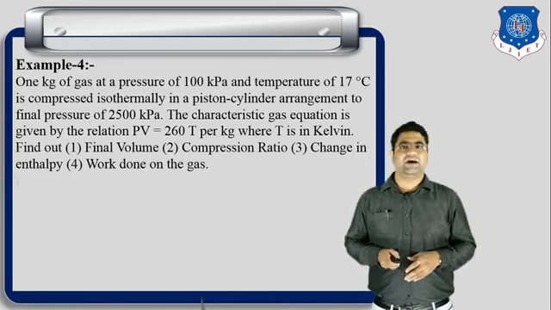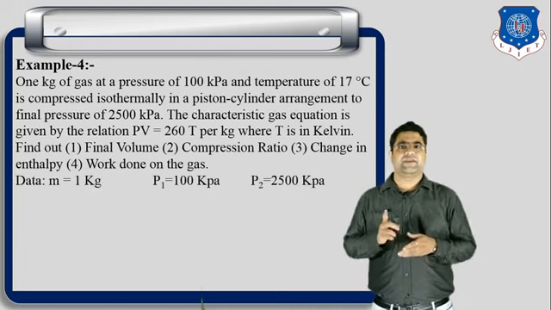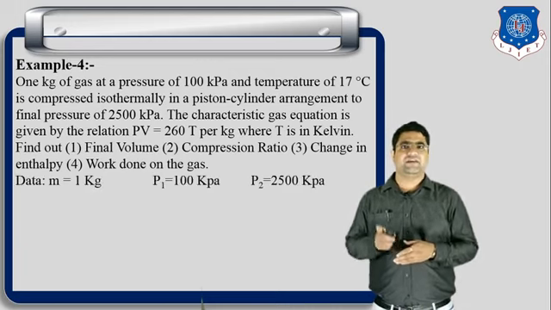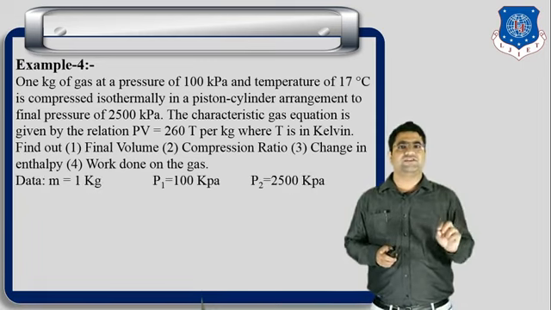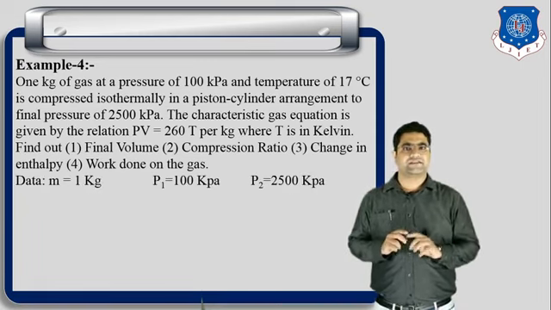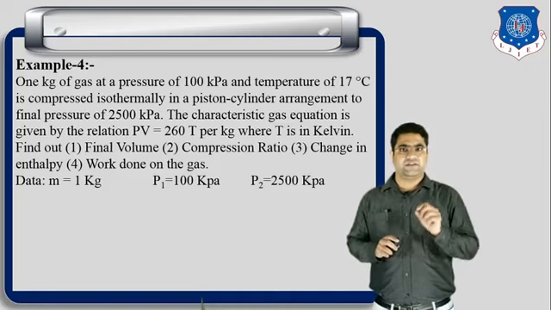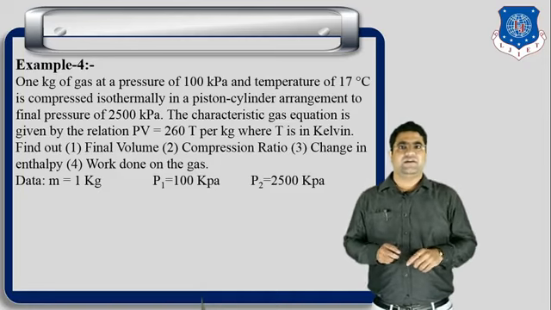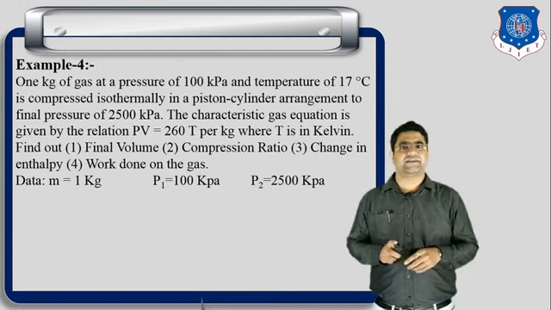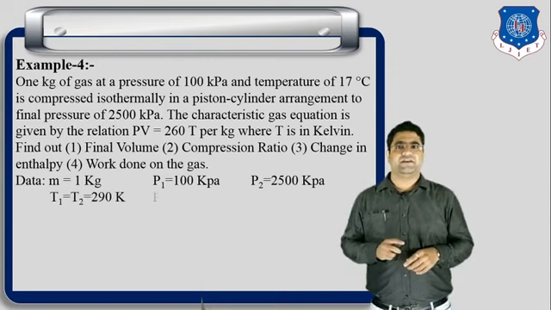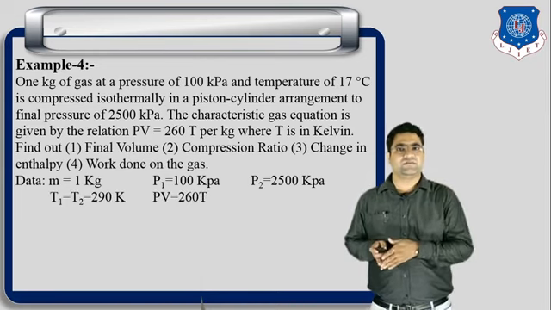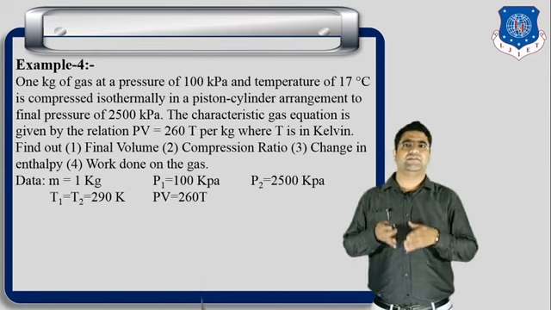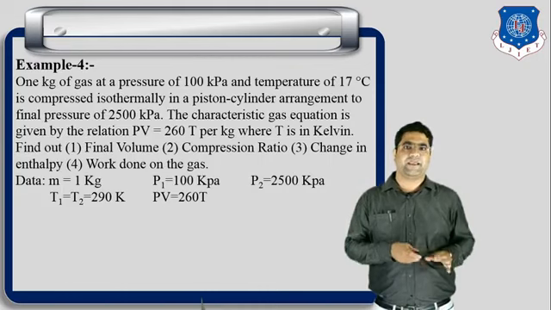Here the mass is 1 kilogram, the initial pressure given is 100 kilopascal, and the final pressure P2 is 2500 kilopascal. The characteristic gas equation is given, PV equals 260 T, and the process is isothermal, so T1 equals T2 equals 290 Kelvin.